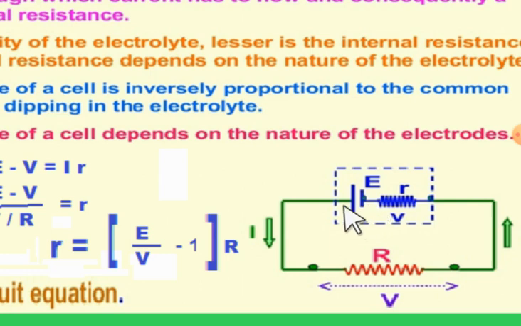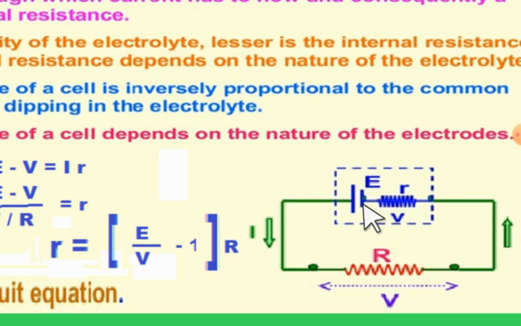In the case of the Leclanche cell, your positive plate will be a carbon one, and the negative plate will be a zinc plate or zinc rod. So the common area between these two electrodes is that of the smaller one. Suppose your zinc is smaller than your carbon, then the area of the smaller electrode will be the common area.